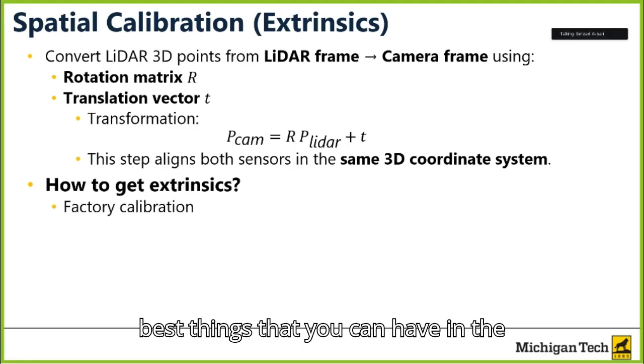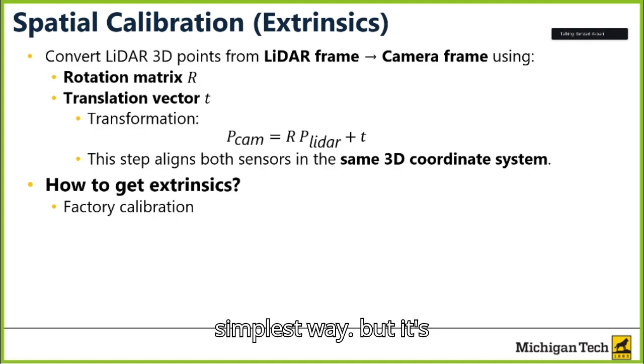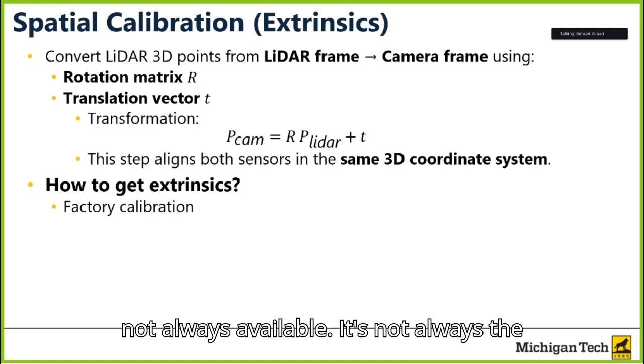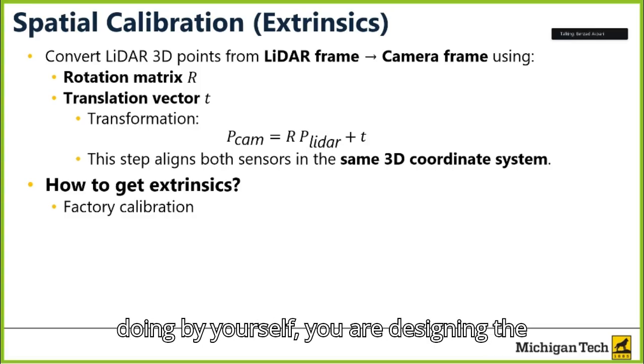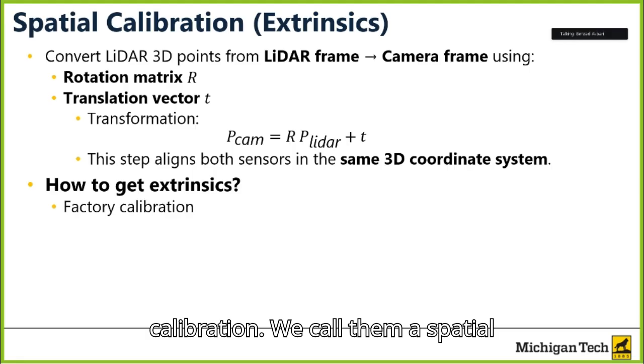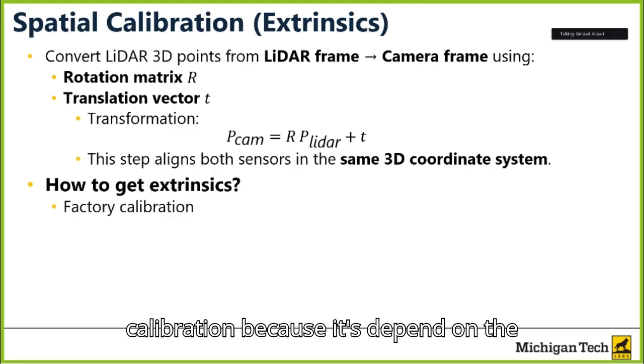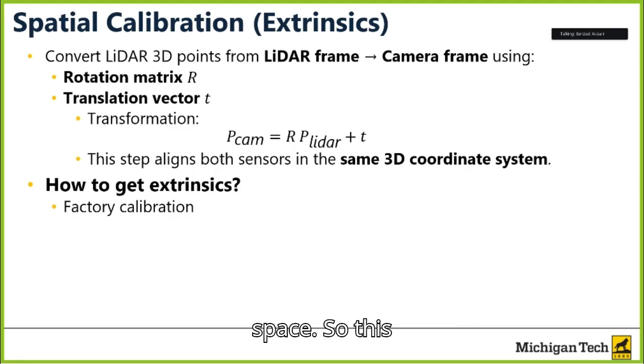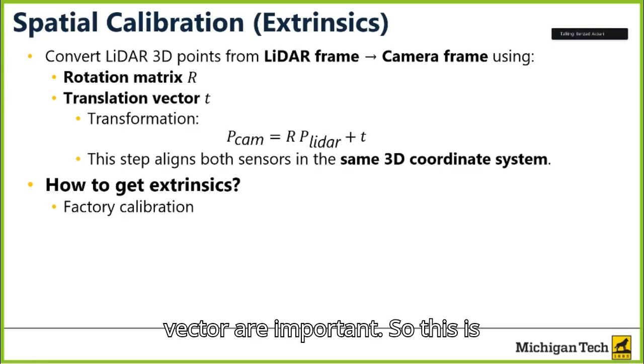That's the best and simplest thing you can have. But it's not always available. Sometimes you are doing it by yourself, designing the hardware and wanting to find this calibration. We call it spatial calibration because it depends on the space. So this rotation and translation vector are important. This is factory calibration.